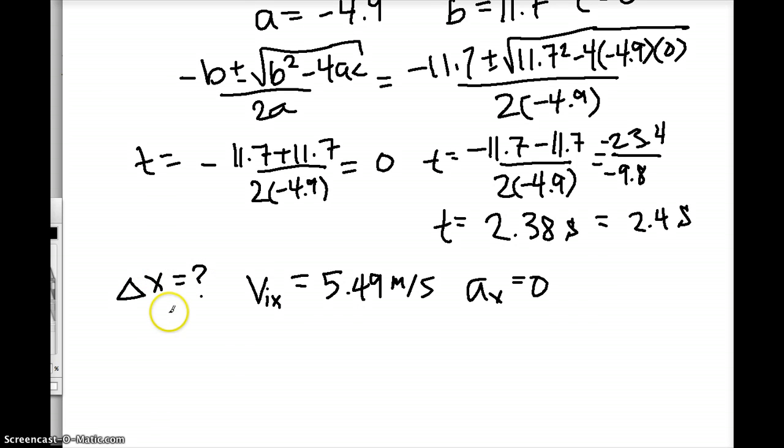We want the change in x. We know that the amount of time it took to land was 2.38 seconds, so maybe we can use that. It looks like we have all the same knowns as the last part, so maybe we can use the same equation.